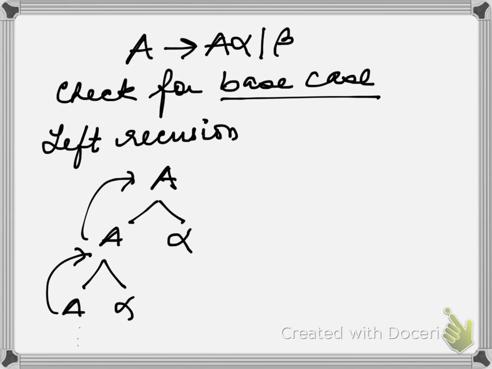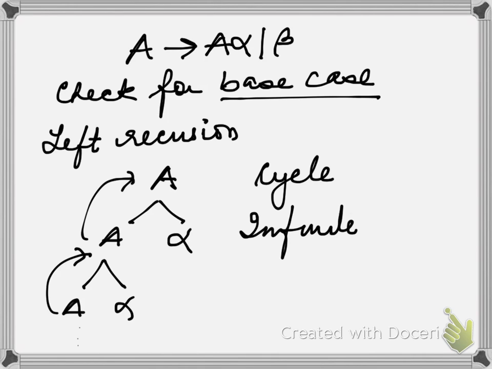In such a situation, we have the problem of the program running into a cycle, or in programming terms, an infinite loop. The parser program will fall into an infinite loop, because when A is called, it directly calls itself without checking for the base case.